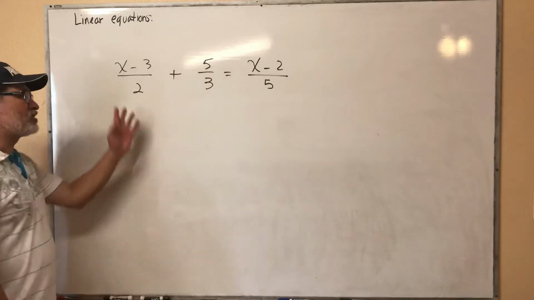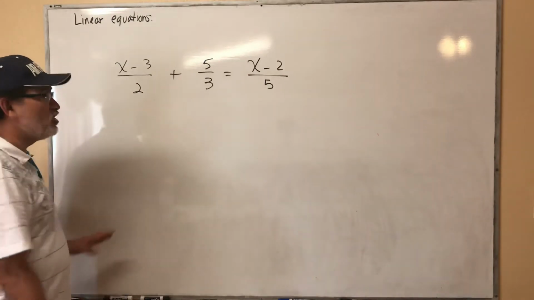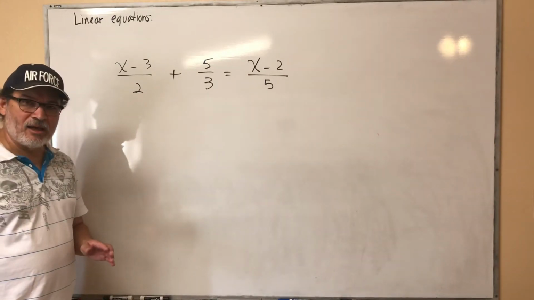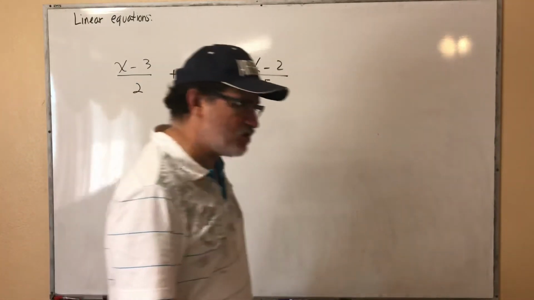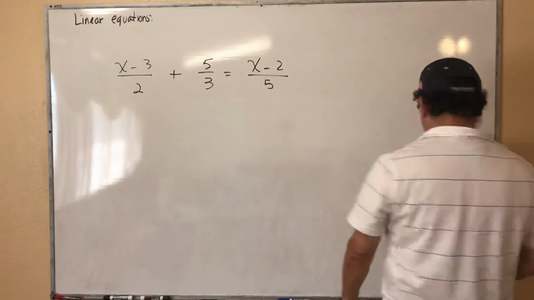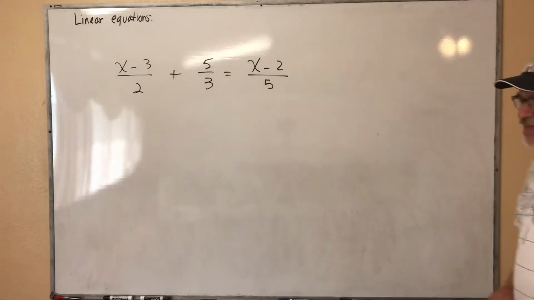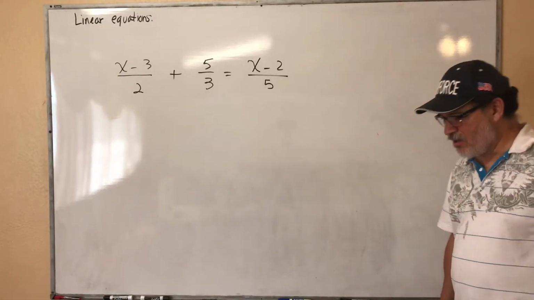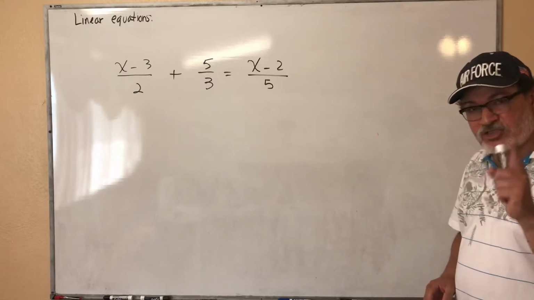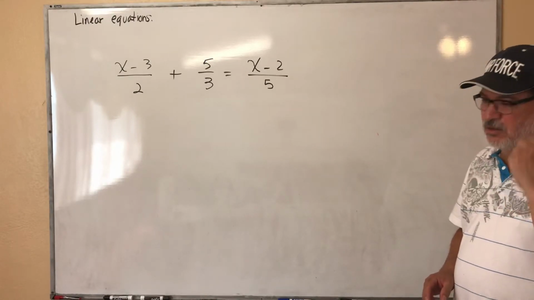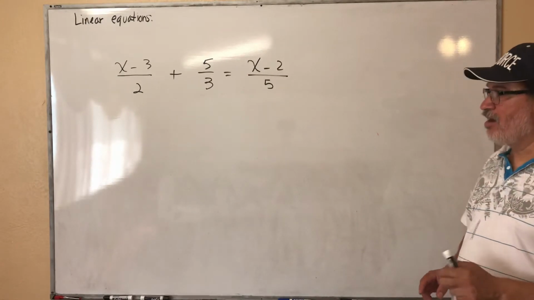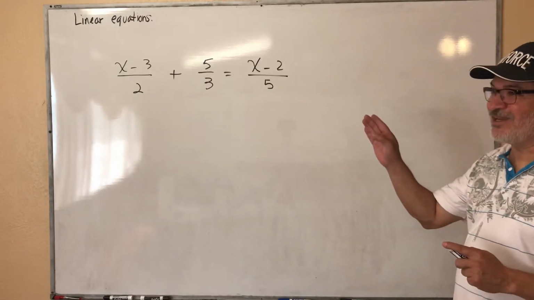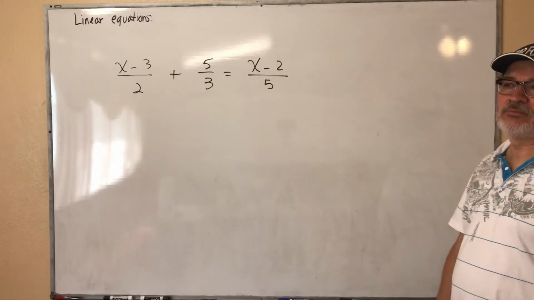Very good. So how do we solve this linear equation? You need to find the LCD. Let me show you a nice way to find the LCD. To find the LCD, good class, listen to me, the LCD consists of the different factors in the denominators.